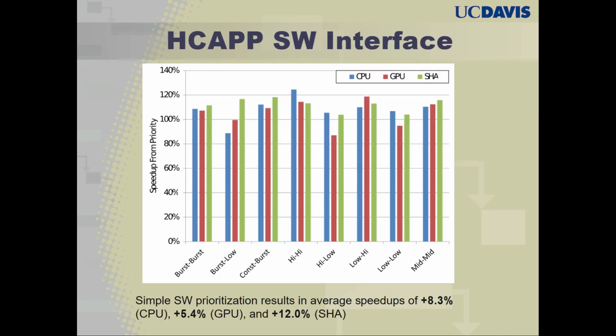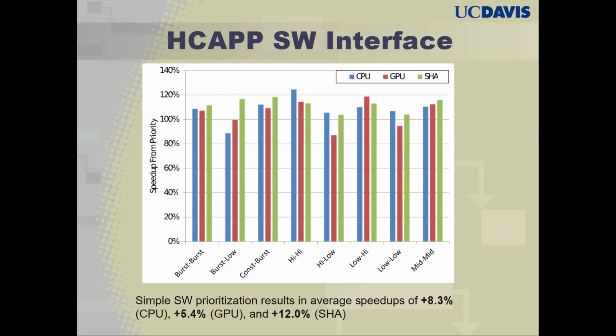And finally, we mentioned we had a software interface, and so we did a test to make sure that interface works and how well it works. So we said, what if I just prioritize a component? I want to prioritize the CPU, and how much faster does the CPU go? Based on this, we can see that just prioritizing the CPU, we get an 8% speed up on the CPU.